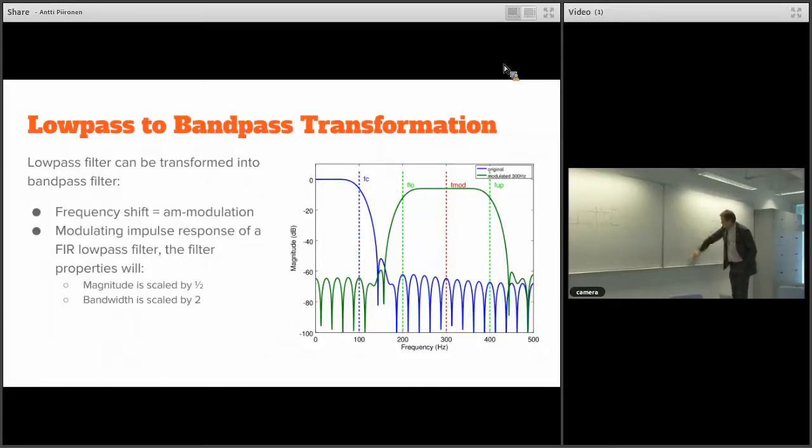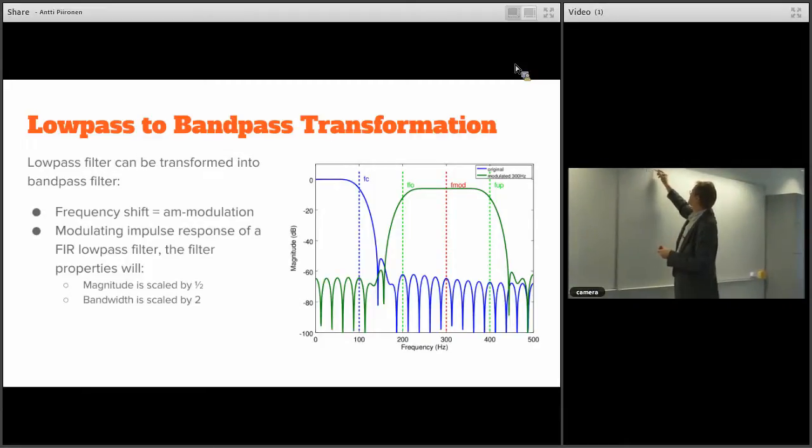Then, of course, we had the other kinds of filters. Low-pass filter was only one of them. So, next question is, how can we actually make other filter types like high-pass filters, band-pass filters, and band-stop filters? That isn't difficult either. We'll talk a little bit about filter transformation.